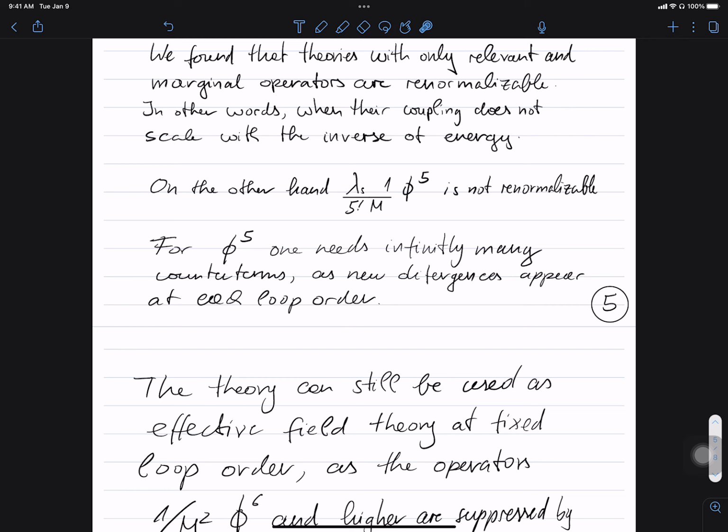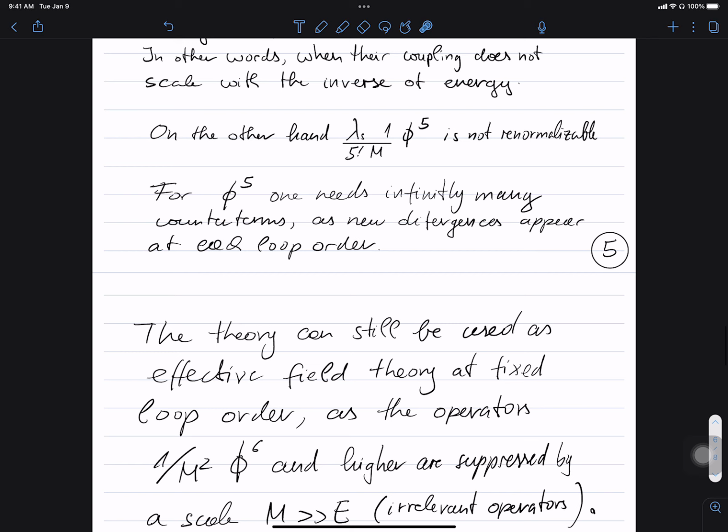We would have to cure these divergences basically by hand by performing new experiments, for example new multi-particle scattering experiments, to absorb terms of phi with 6 or 7 powers and so on. This is considered a non-renormalizable theory. So we would need, in principle, infinitely many counterterms for an infinite series.